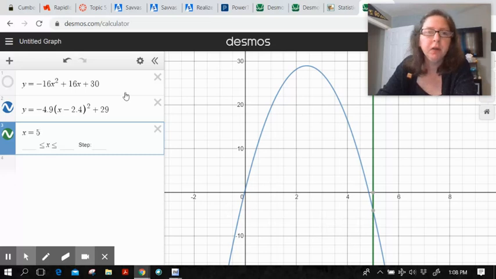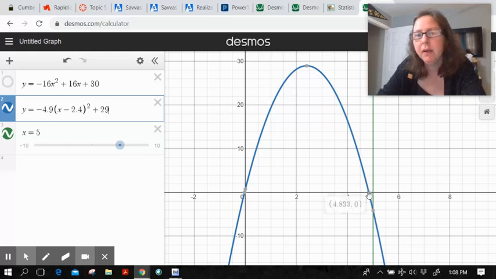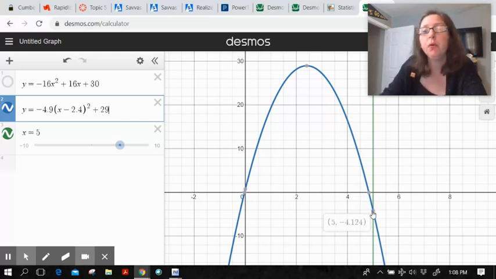So if I follow the trajectory of the ball, it was kicked off a tee, it went way up into the air, and then it hit the ground right here. And so at 5 seconds exactly, it would be under the ground. So obviously the football doesn't go under the ground, it just hits it and bounces.